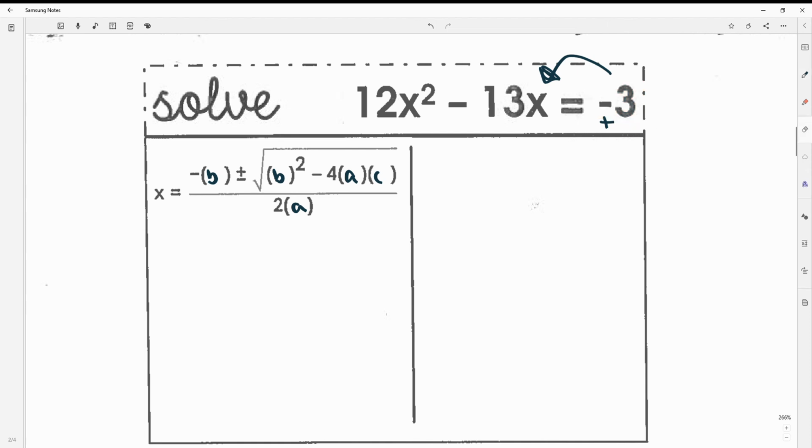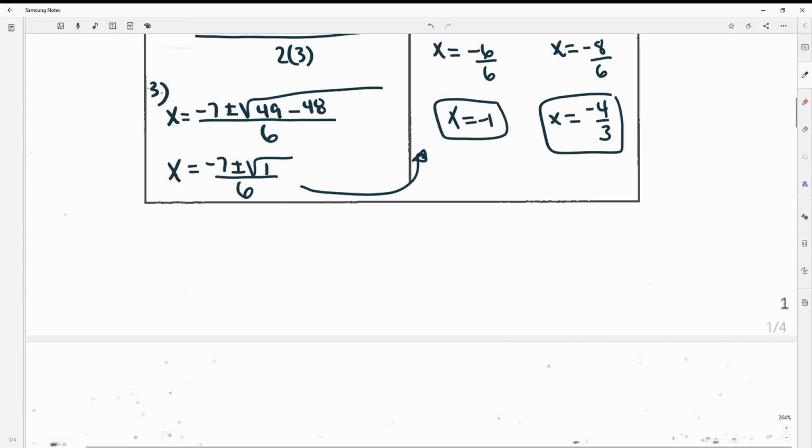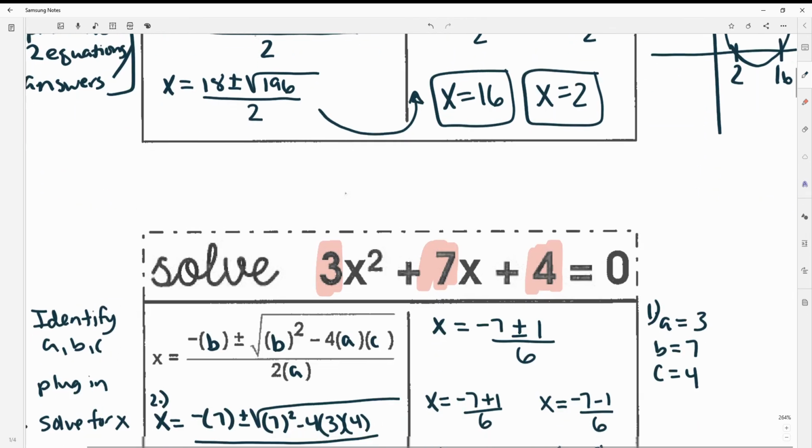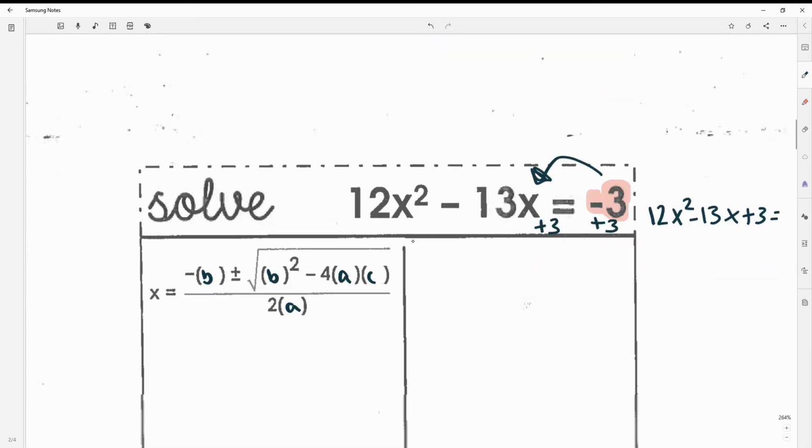If it's not in standard form, you have to make it in standard form. Otherwise, you're going to think C is -3 and it's actually +3, which means you're going to end up getting a wrong number somewhere. I'm going to rewrite it real quick. So 12x squared minus 13x plus 3 equals 0.